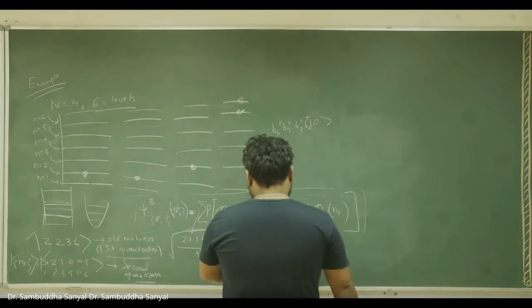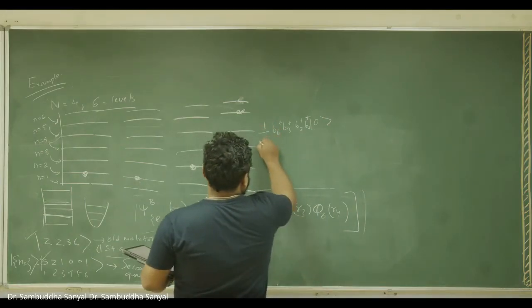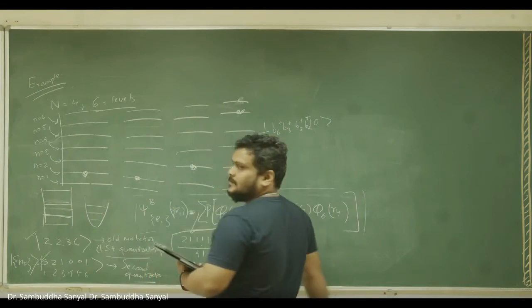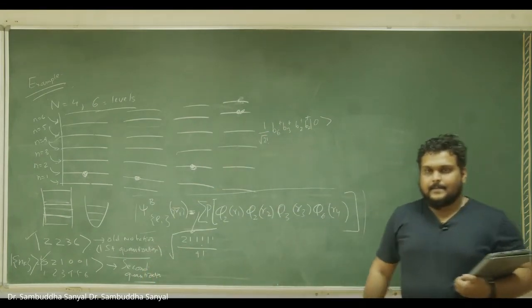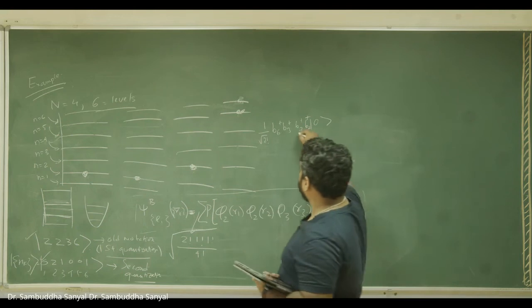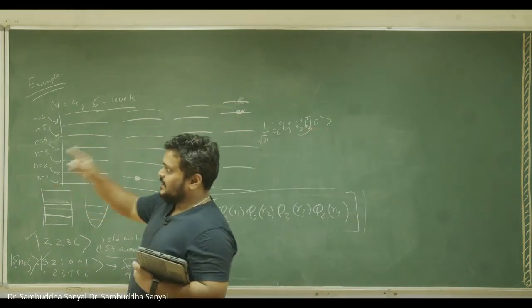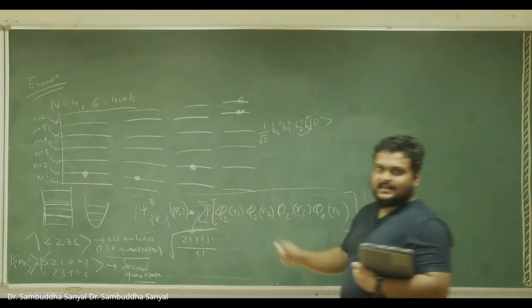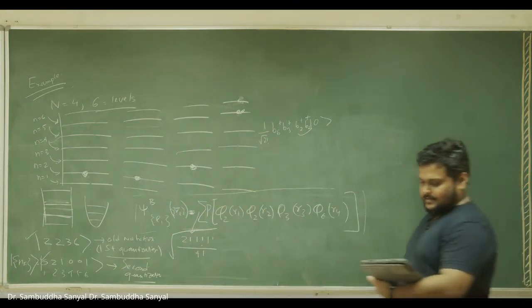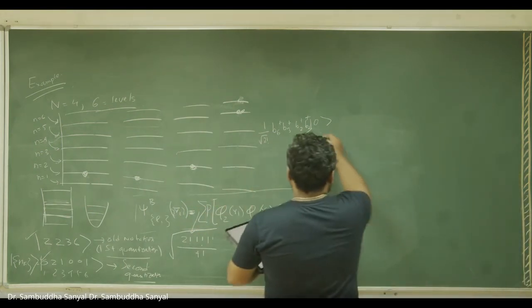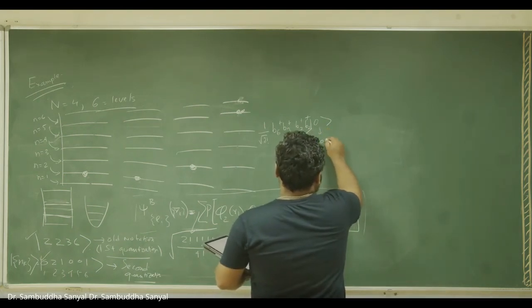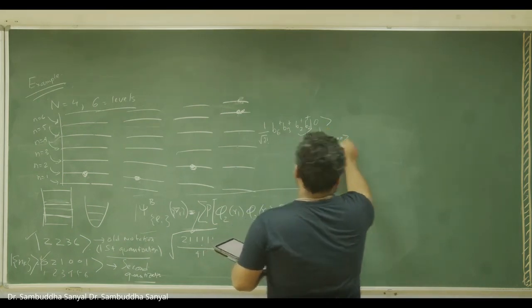Now, what else? Remember this, that b_k acting twice will have this n. And this guy is nothing but 0, 0, 0, 0, 0, 0.